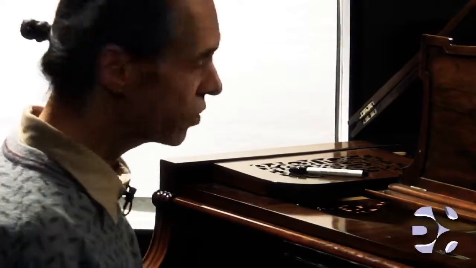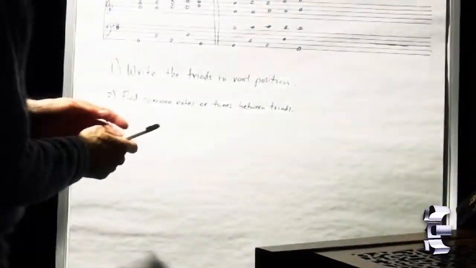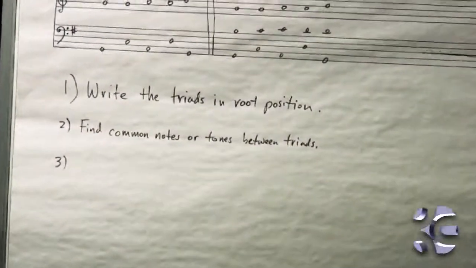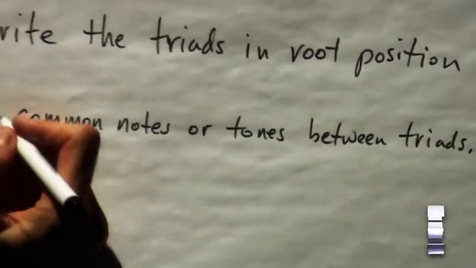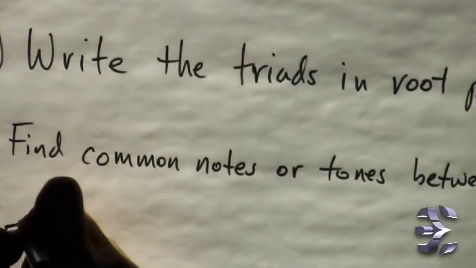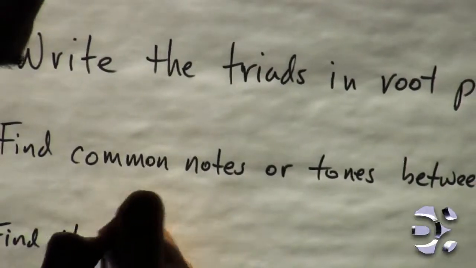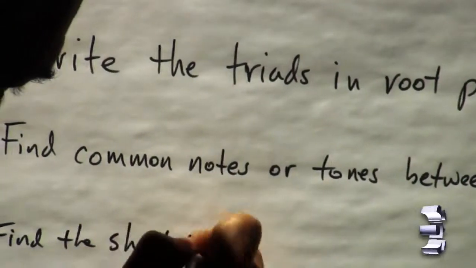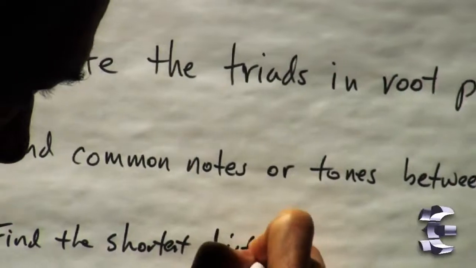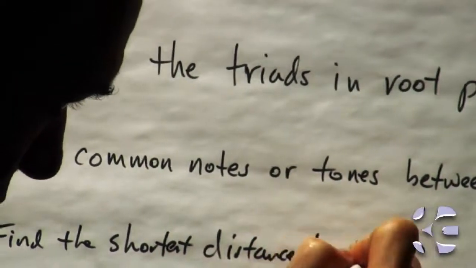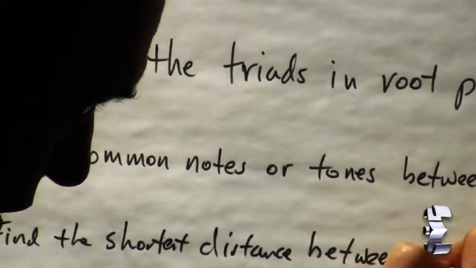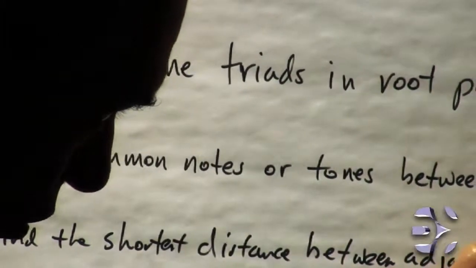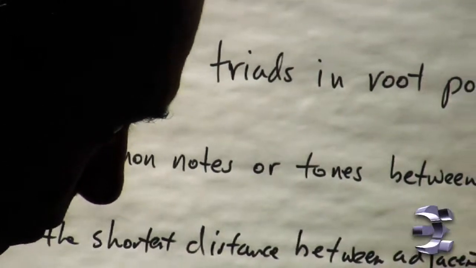So once again, the three steps are to write the triads in root position. Second is to find common notes or tones between triads. And the third is to find the shortest distance between adjacent chord tones.